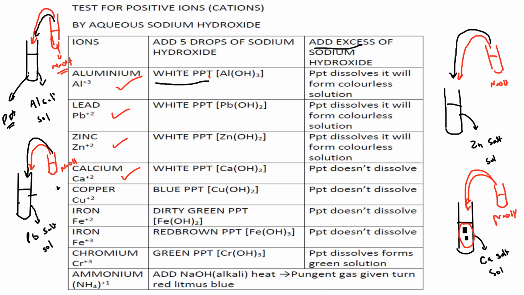They can provide you the observation, they can mention a white precipitate is formed which dissolves in excess, what could be the positive ion? In that case, you can mention it can be lead, aluminium, or zinc. But if there is a white precipitate which does not dissolve in excess of sodium hydroxide, this confirms the presence of calcium.